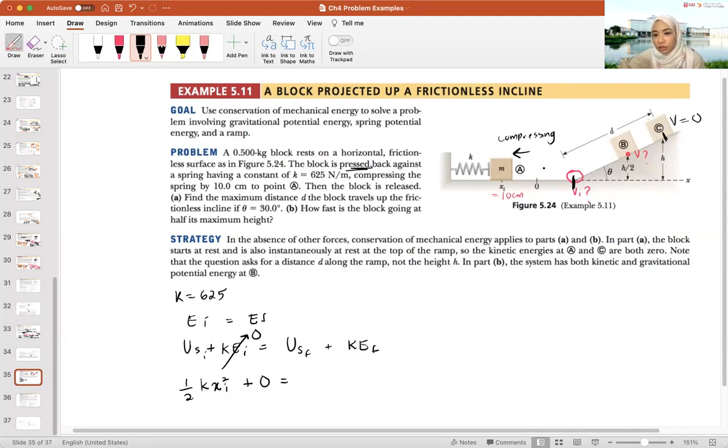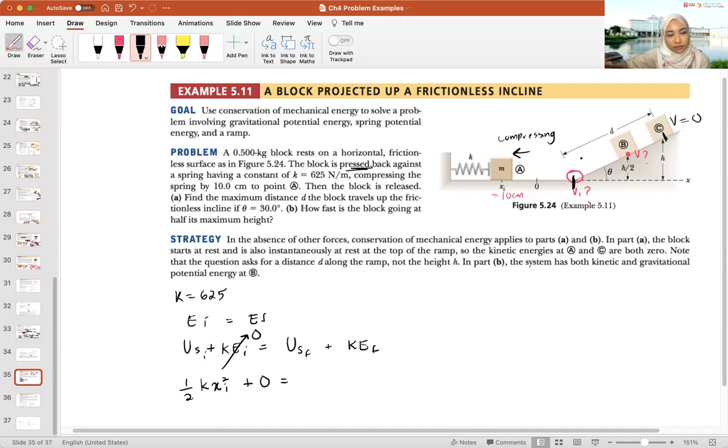Okay, so what do we know about this one? What do we know? What else do we know? We know that our spring akan ada initial spring potential energy. KE initial adalah kosong. What else? Come on guys, what else?